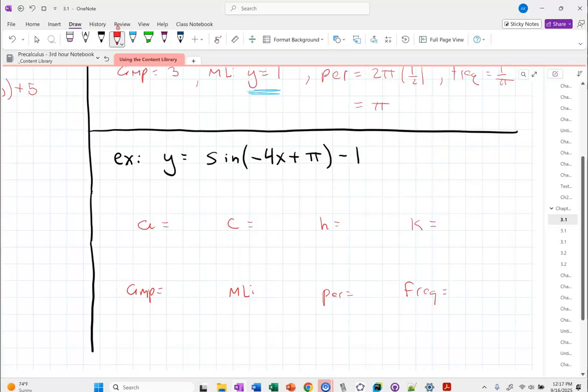All right, Lauren, what can you answer here? Let's start with A, C, H, or K. Can you give me any of those? C is not -1.